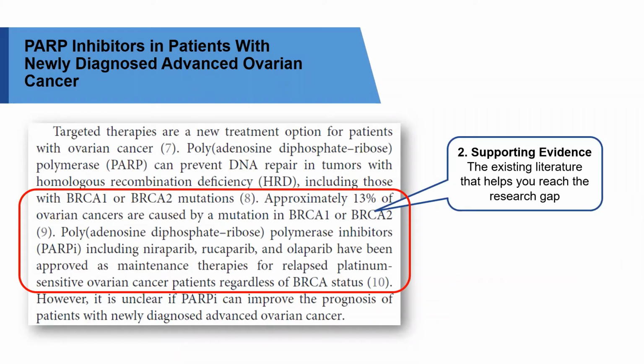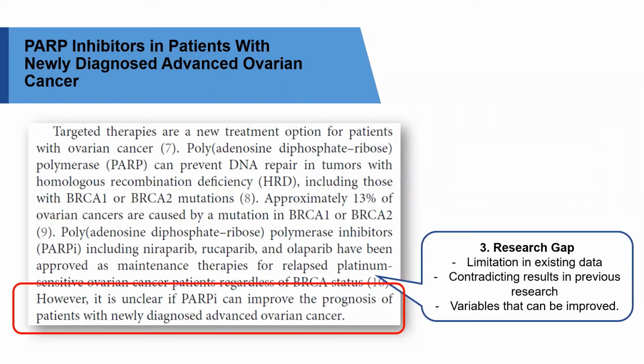They began mentioning that PARP inhibitors, and they stated the three drugs they're going to talk about, niraparib, rucaparib, and olaparib, have been approved as maintenance therapy for relapsed platinum-sensitive ovarian cancer patients, regardless of the BRCA status. So they are supporting the claim with existing literature and facts that help reach the research gap.